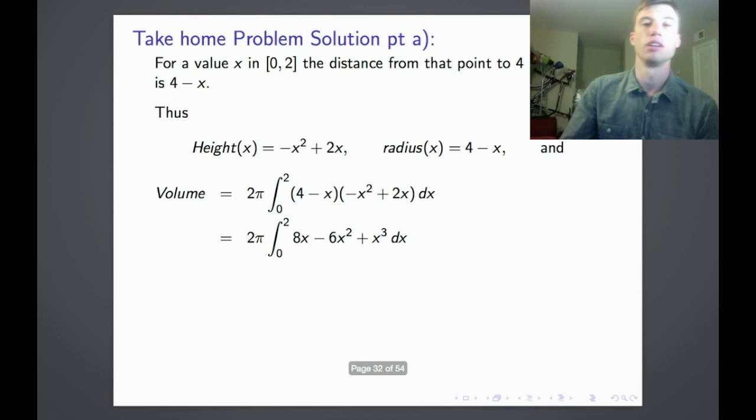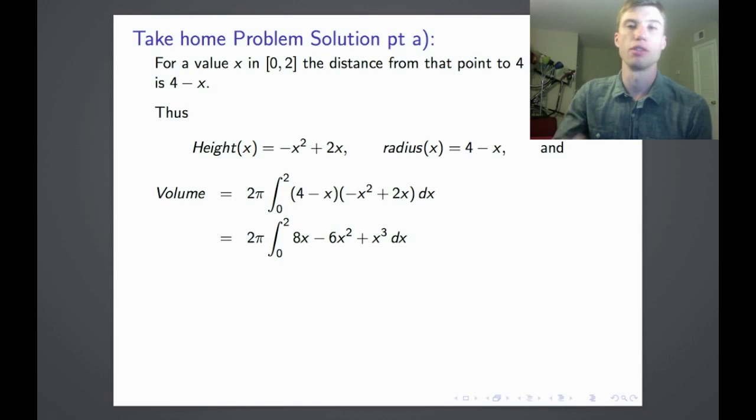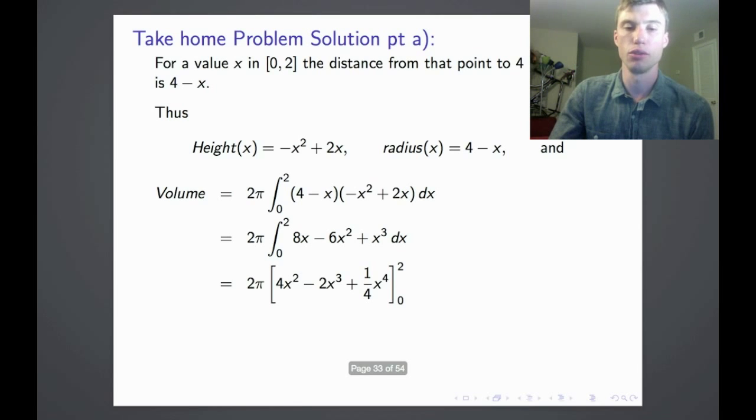Now, we multiply through under the integrand, and now we can integrate using the power rule. 8x integrates to 4x squared, 6x squared integrates to 2x cubed, and x cubed integrates to 1/4 x to the 4th.